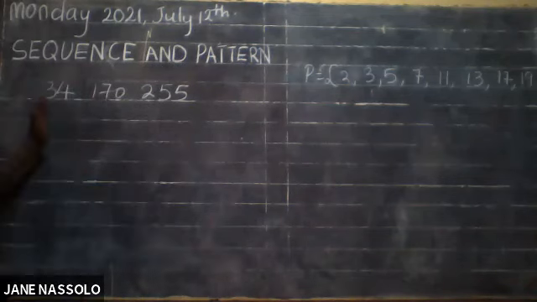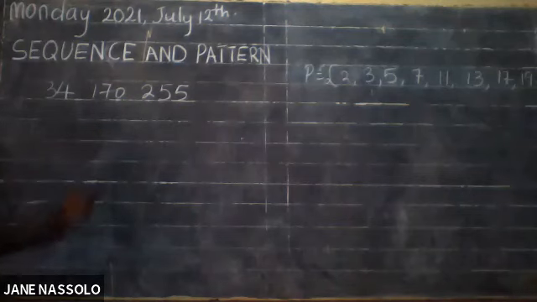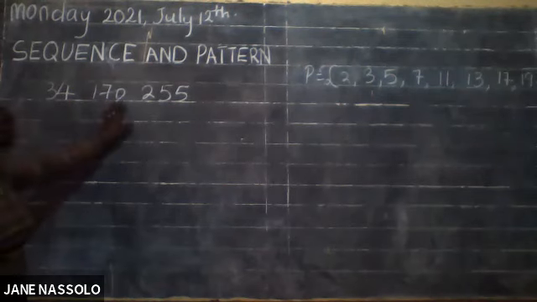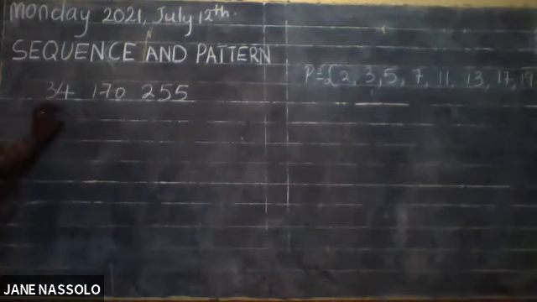When we try 2, can 2 be a factor of all the numbers? No, it can't. This reminds us of the divisibility test. The divisibility of 2 is an even number or 0. So the first 2 would qualify, but the third one would not qualify, right?